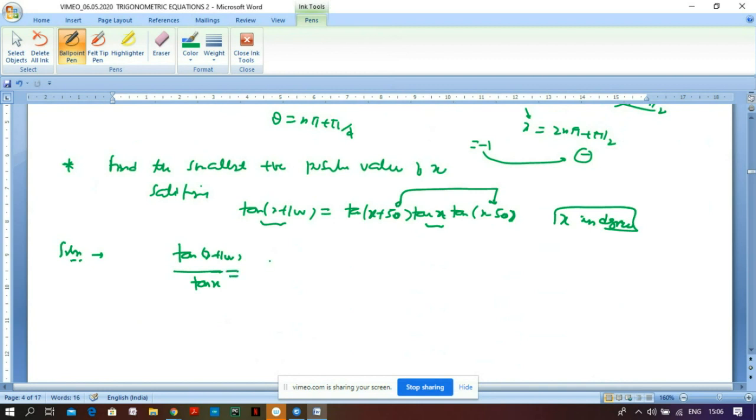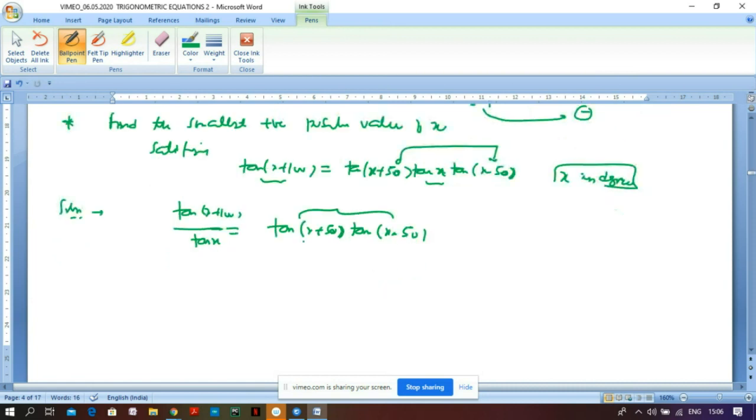That's only left. And I will pair up tan (x plus 50) and tan (x minus 50). Let me just rewrite it so that it is a little more clear: tan of (x plus 50) times tan of (x minus 50). Because these two really go together, we would love to pair them up.